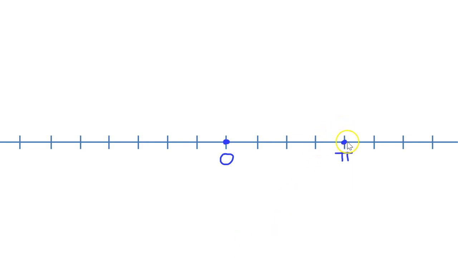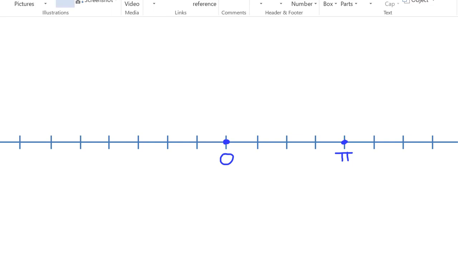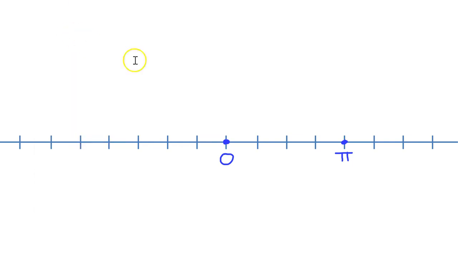Tangent begins and ends on the x-axis. So one full period is going to start and end at 0 and then at pi. And halfway in between, there's going to be a vertical asymptote. I think I will cheat and draw my vertical asymptote using my technology.